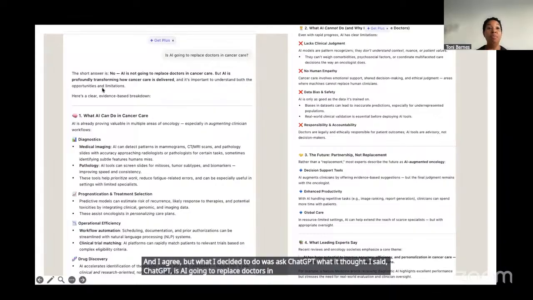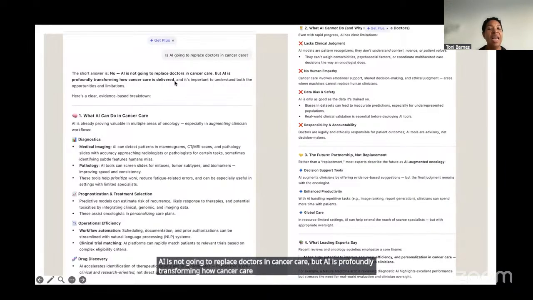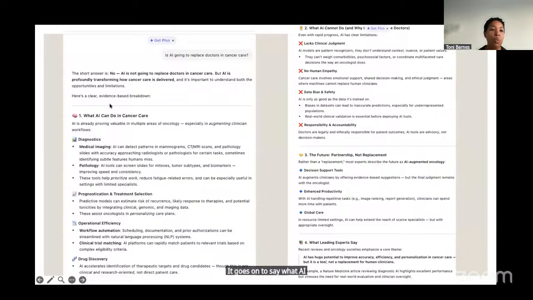And ChatGPT said no. AI is not going to replace doctors in cancer care, but AI is profoundly transforming how cancer care is delivered, and it's important to understand both the opportunities and limitations. It goes on to say what AI does well, which we spoke about before: diagnostics, imaging, pathology, prognostication. And it speaks about what AI cannot do.